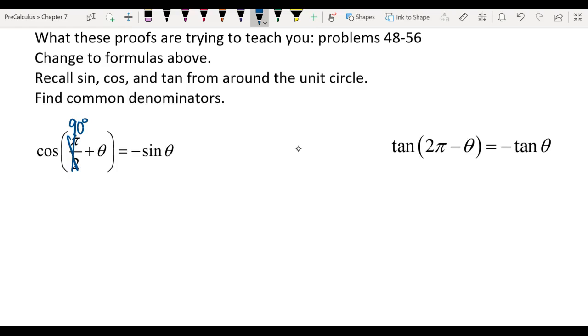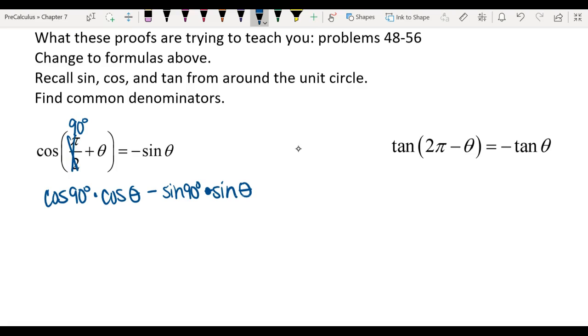So now, let's change it to this version. So we have cosine of 90 degrees times cosine of theta minus sine of 90 degrees, minus or times sine of theta. Okay?